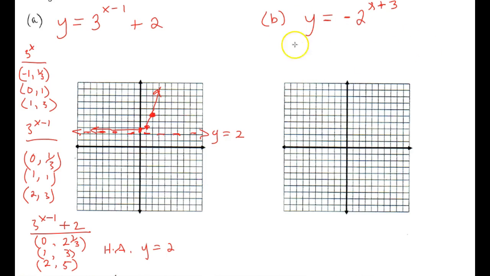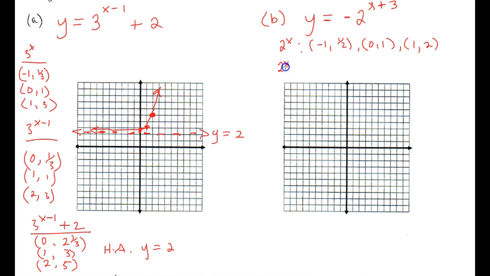All right, so for this next one, the same thing, we have 2 raised to the x. So we know that the key points there are (-1, 1/2), we know we have (0, 1), and we have (1, 2).